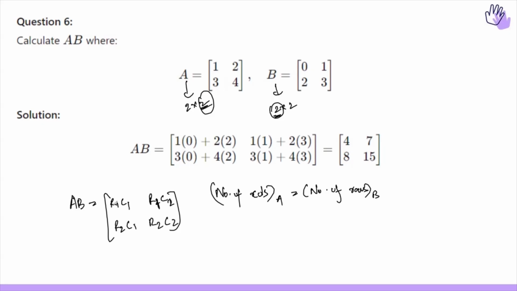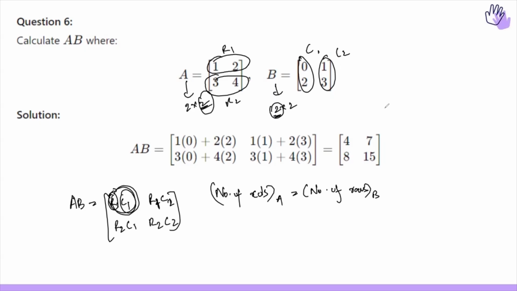The first element can be obtained by multiplying row 1 with column 1. This is row 1, this is row 2, this is column 1, this is column 2. So the first element of the matrix is obtained by multiplying R1 with C1.